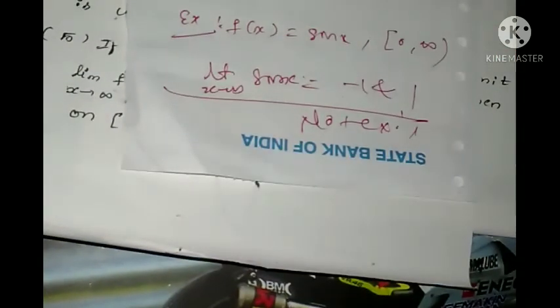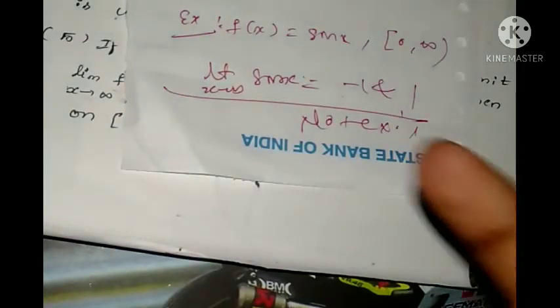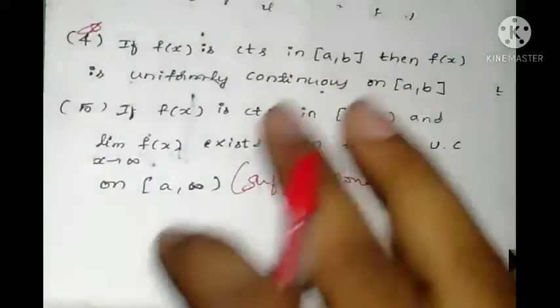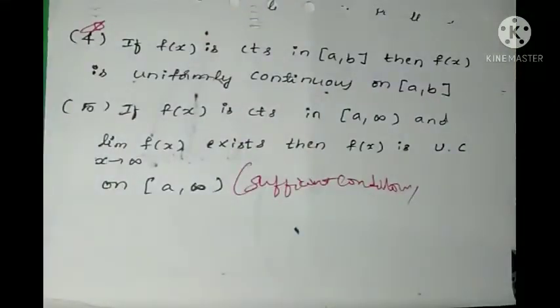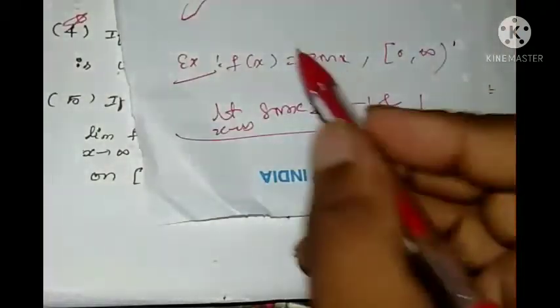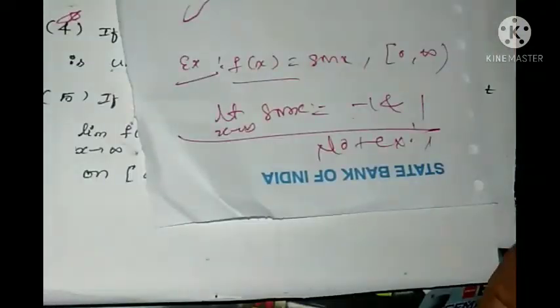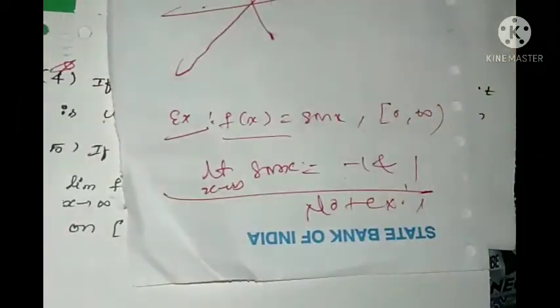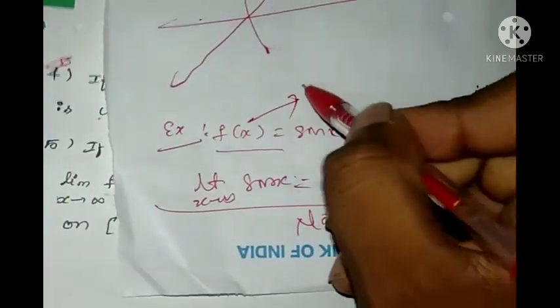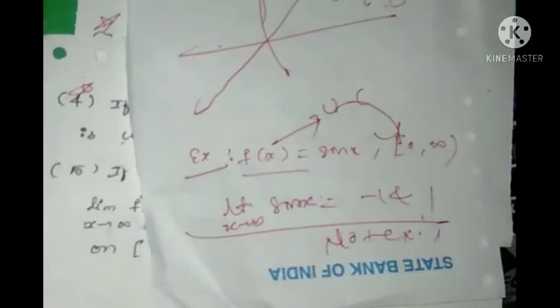That means we can't say whether this is uniformly continuous or not. This is only a sufficient condition, not a necessary condition; the necessary condition is continuity. By using the definition of uniform continuity, we prove that this is uniformly continuous on this interval.